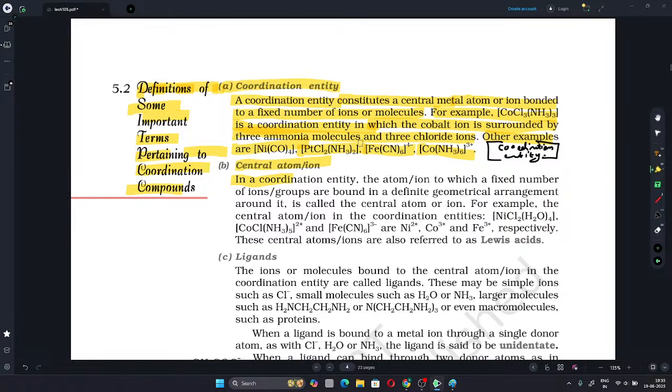Here we see that all of these are coordination entities.